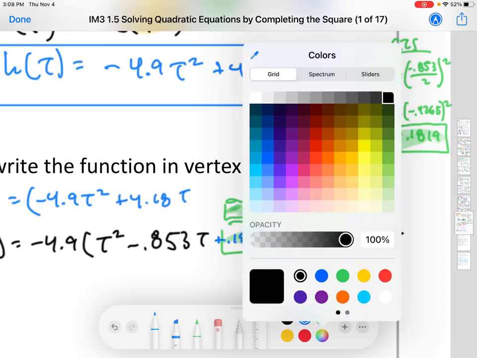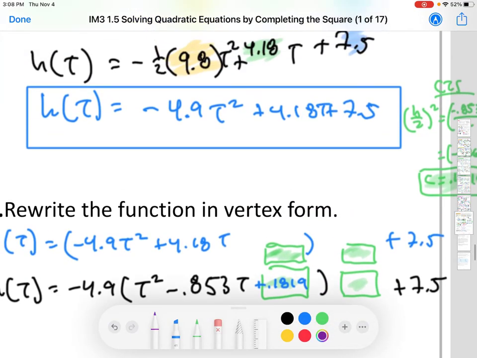And so if I do the in-between step, let's do purple.